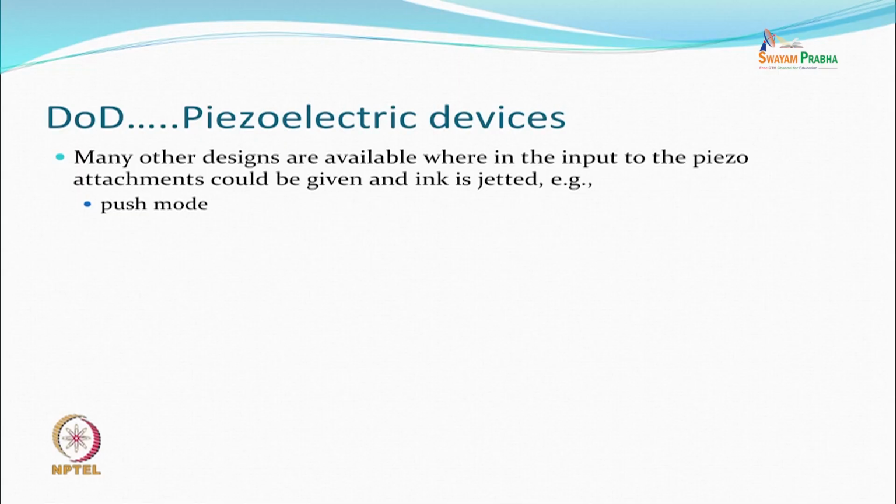So there can be jetting of the ink, by the method that we talked about above, or by methods which could be a simple push when the poling direction and the electric field direction are the same. It will generally be a push mode.